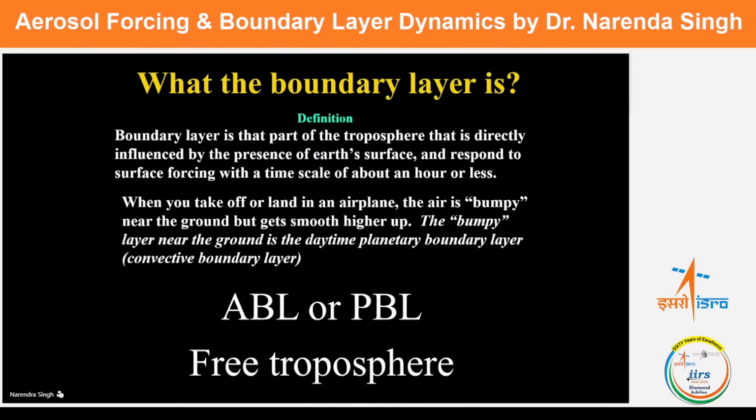But the boundary layer evolution is a process which takes place only in the presence of the sun. Of course, there are some other cases in mountain meteorology, which is different. I will explain that slightly later.